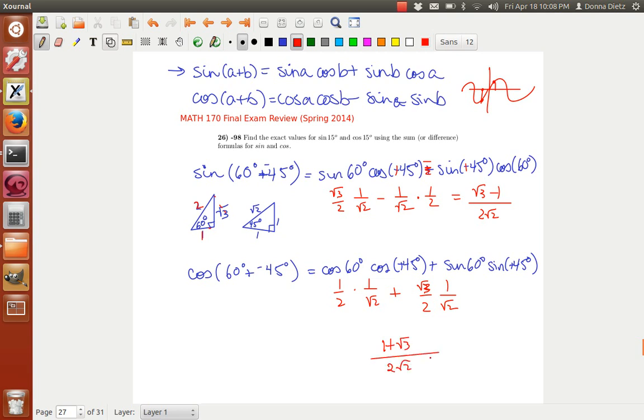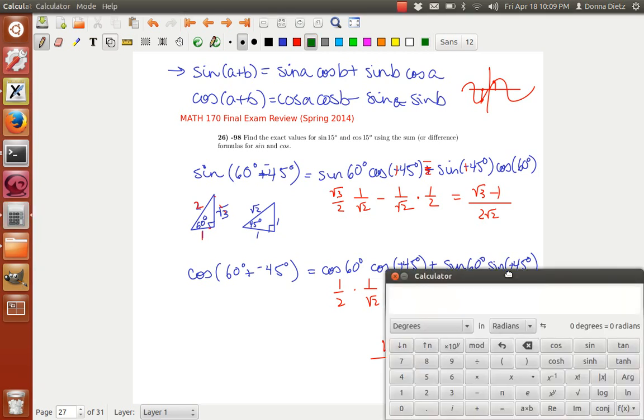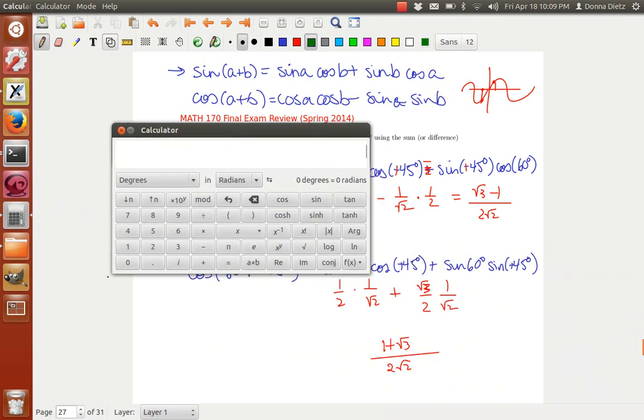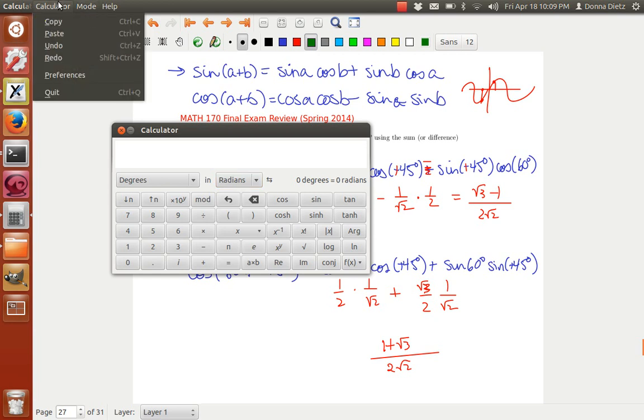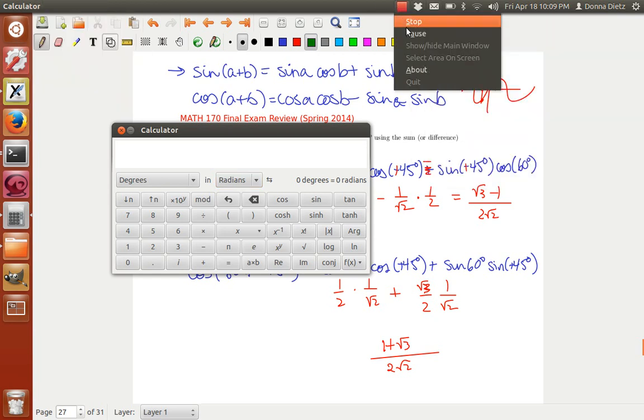And what I would do is I would do a couple things. First of all, I'd sanity check that sine squared plus cosine squared equals 1. And I could either do that with the decimal form or this form. I'm going to go ahead and check out the decimal form, because I will feel better. Let me switch the calculator mode to degrees. Hold on a second.